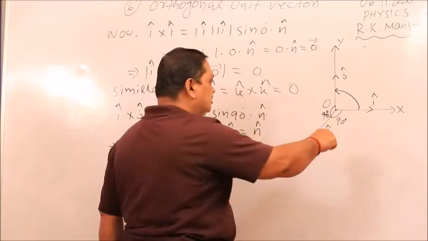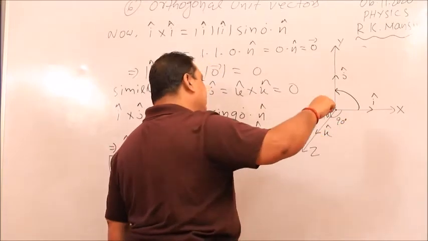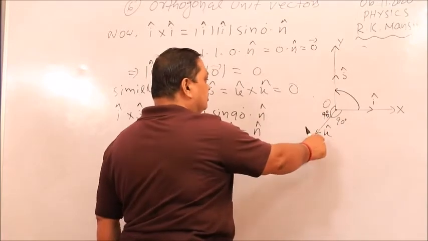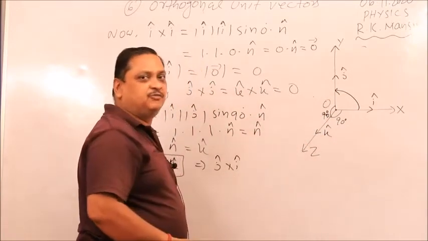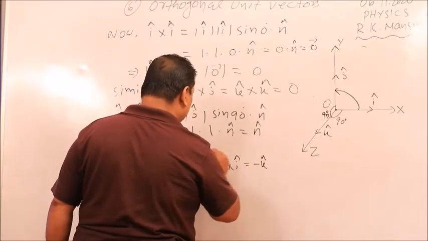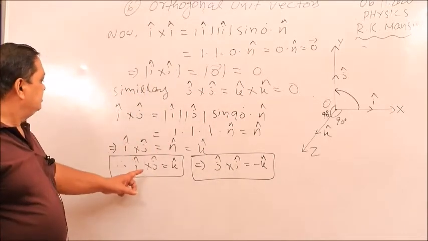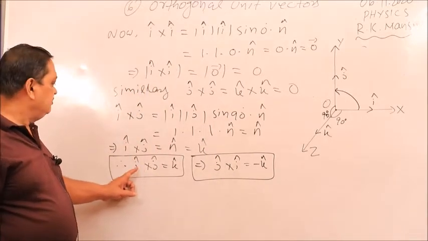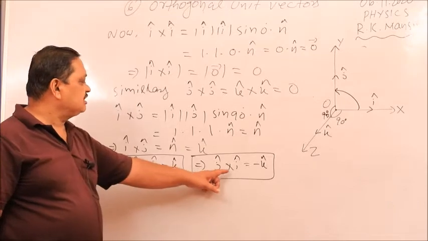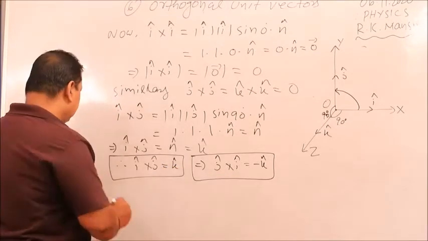Directions are opposite. So if in this way the unit vector is k cap outward, inside into the blackboard the unit vector is k cap but in opposite direction. So that will give minus k cap. Hence, since cross product is not commutative, i cap cross j cap is not equal to j cap cross i cap. It will give k cap, it will give minus k cap.